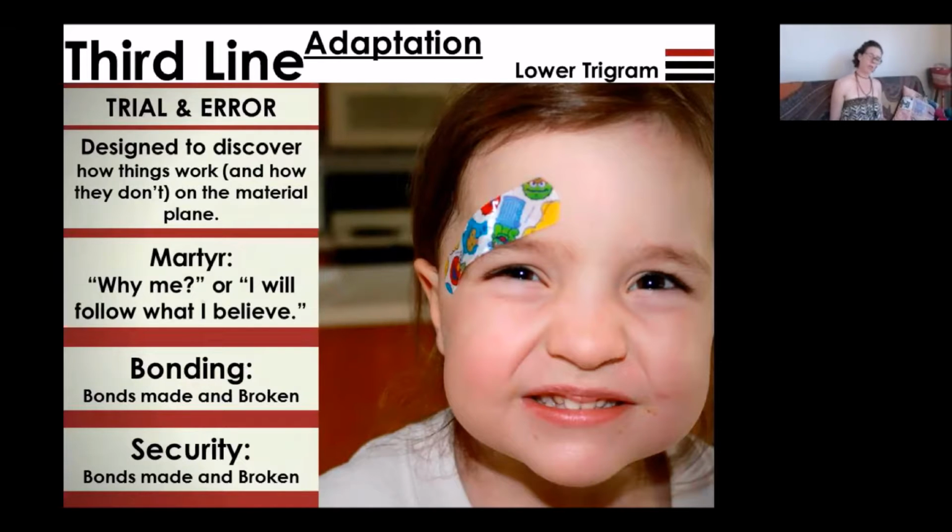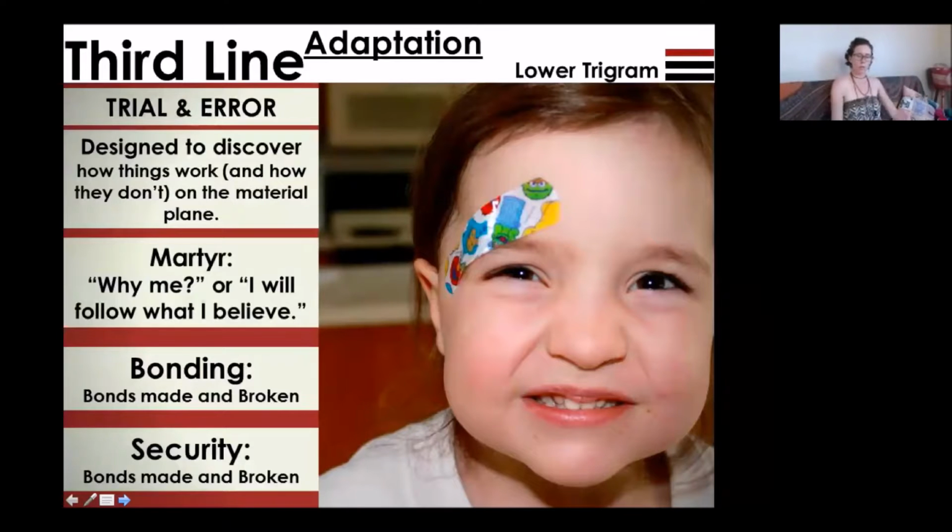If they're in a monogamous relationship, I don't know exactly what that would look like, but I'd be curious actually about that. And then I guess their security strategy is also bonds made and broken. I don't know how that works. Maybe you guys can tell me, since there's a lot of 3s in this group when we discuss that.